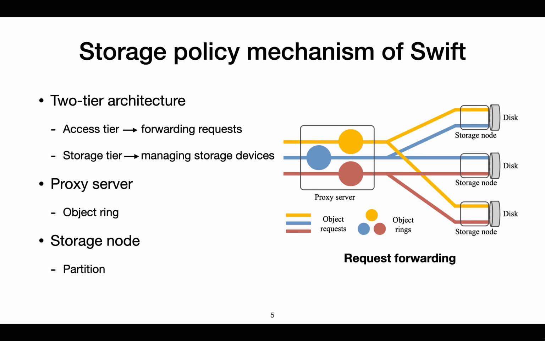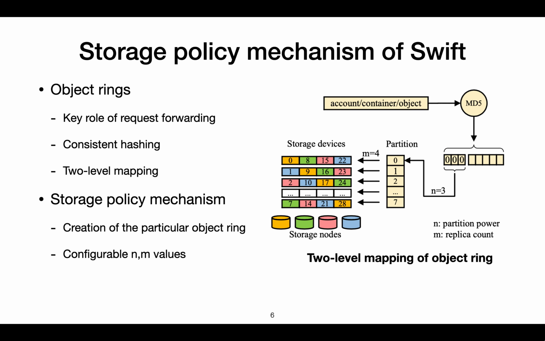Each storage node is logically divided into multiple storage devices, while the partition is used as the forwarding unit, and the partition contains a group of storage devices from different storage nodes. The object ring includes two stages of mapping when forwarding: the request to partitions and the partition to storage devices.